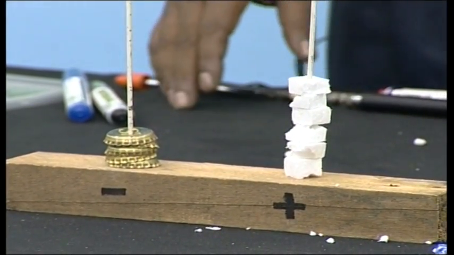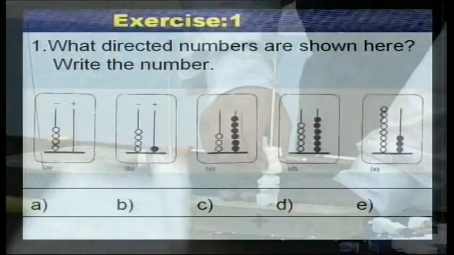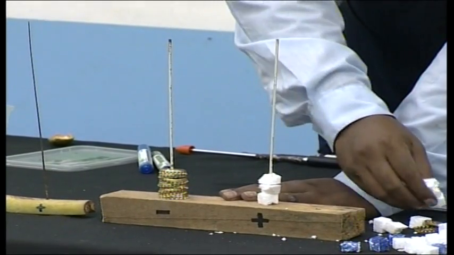Last one. How many on the negative side? 8. So we're going to add 3 more bottle tops onto the negative side. And how many on the positive? Okay.